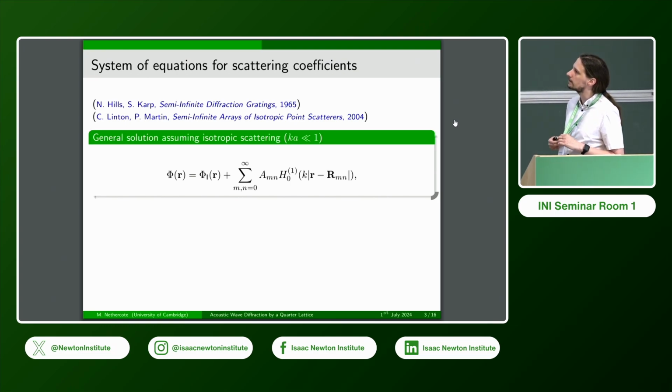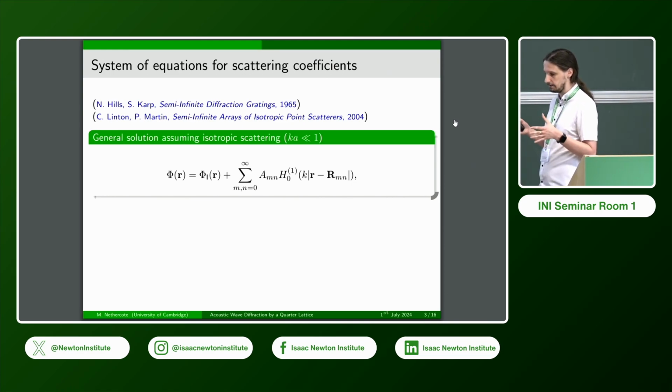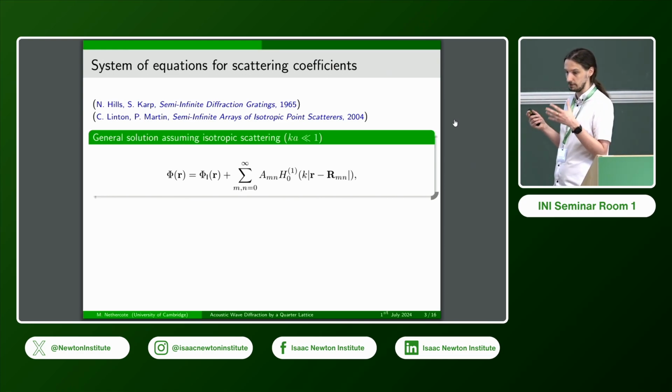So each of the local scattered fields is going to have no dependency on a local observation angle, and that means that they are simply going to be a product of an unknown scattering coefficient and a local Green's function, in this case Hankel's function of the first kind at 0th order.